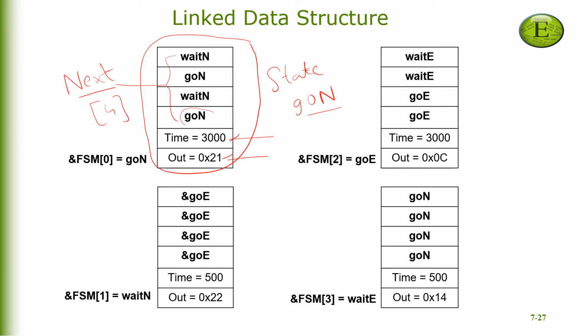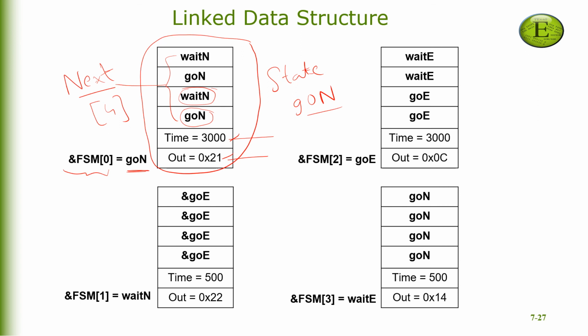The important thing to note over here is that goN, waitN are both pointers. And the value of a pointer is always an address. Therefore, going back, referring to the previous slide, what is the value of goN? It is the address of FSM 0.